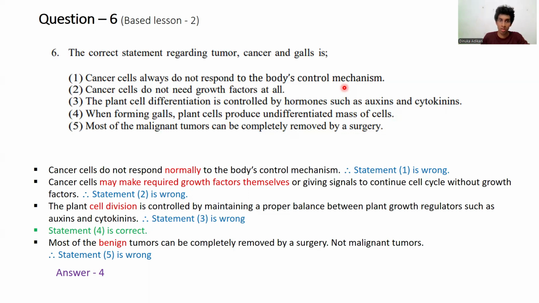So when galls are formed, undifferentiated mass of cells are produced in plant cells. 5. Most of the malignant tumors can be completely removed by a surgery. That's false because most of the benign tumors can be completely removed by a surgery, not malignant tumors. Malignant tumors are difficult to remove. So therefore, the correct answer is the fourth one.